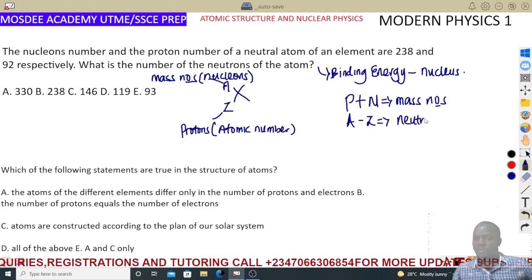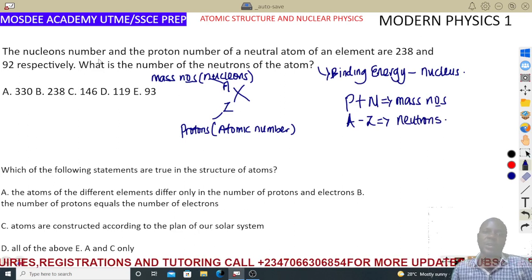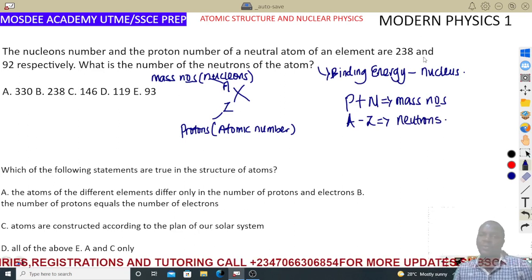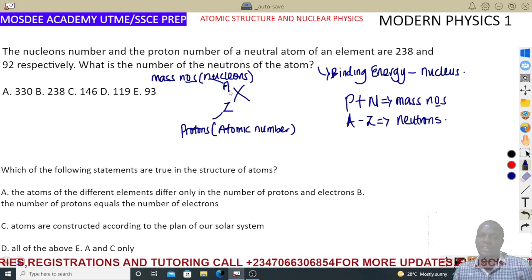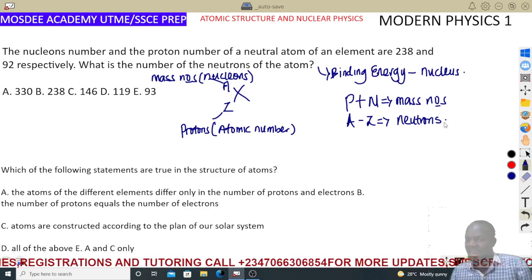I think you have studied this also in your junior classes. So we now state that the nucleon number and the proton number of a neutral atom of an element are 238 and 92. The number of neutrons will now be A minus Z. Direct question.